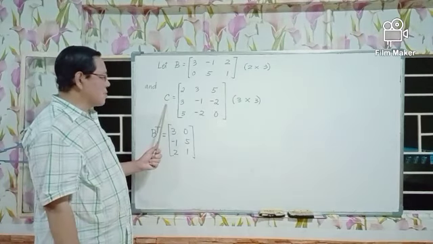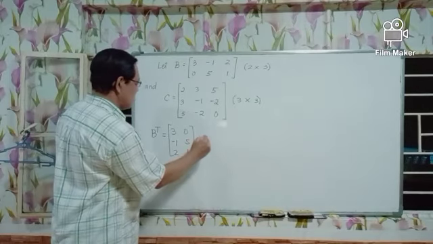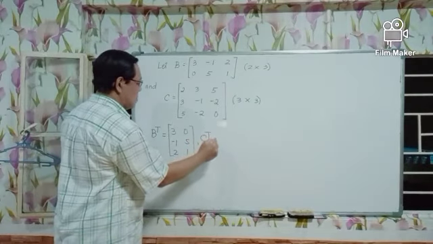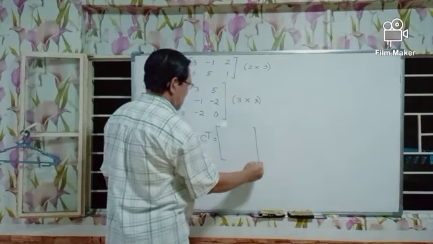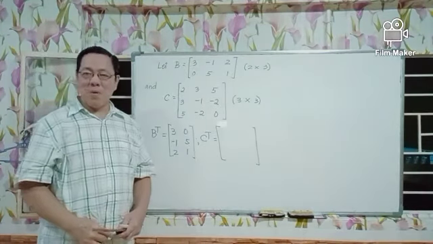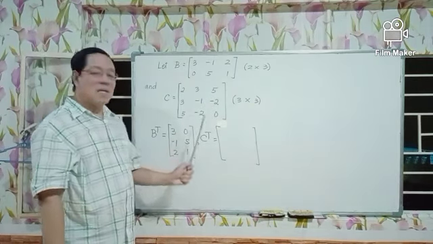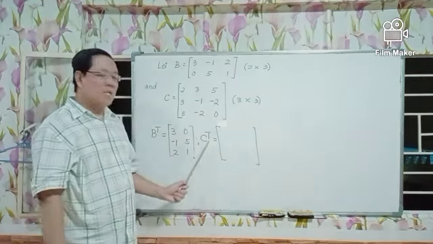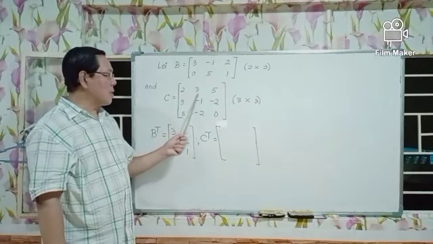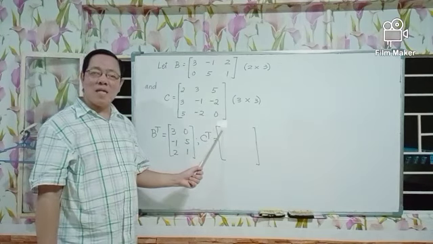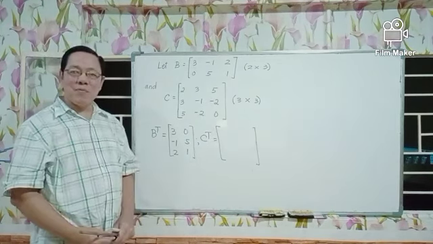Now we get the transpose of matrix C. The transpose of matrix C is obtained by writing the rows of matrix C as columns of C transpose. The first row of matrix C, 2, 3, 5, we write as the entries in the first column of C transpose.